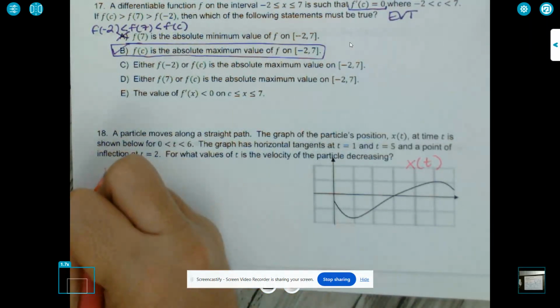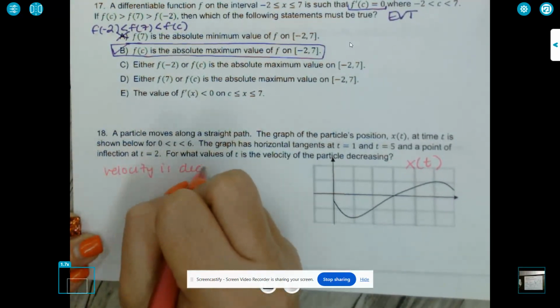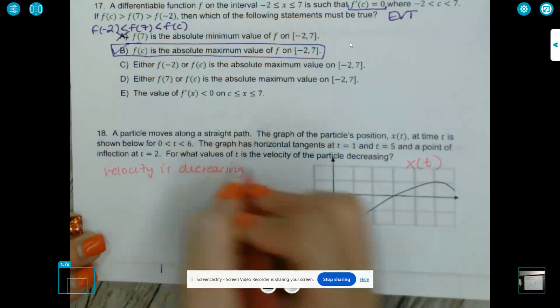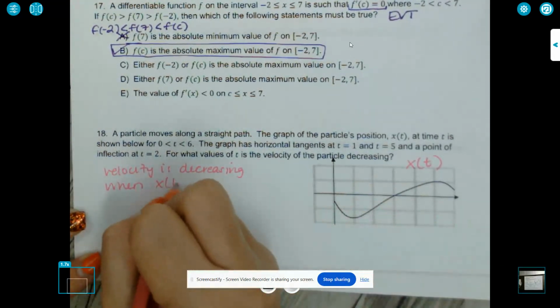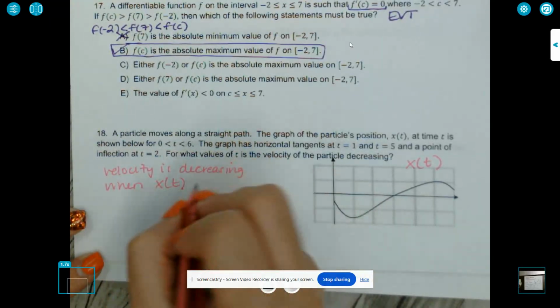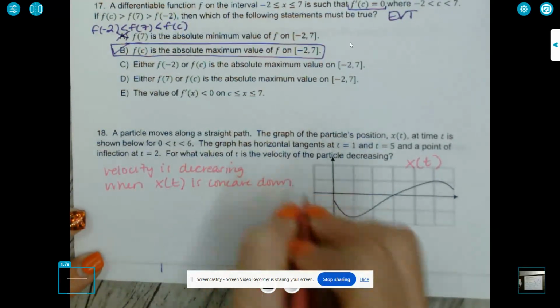Okay, so remember, velocity is decreasing when the position is concave down.